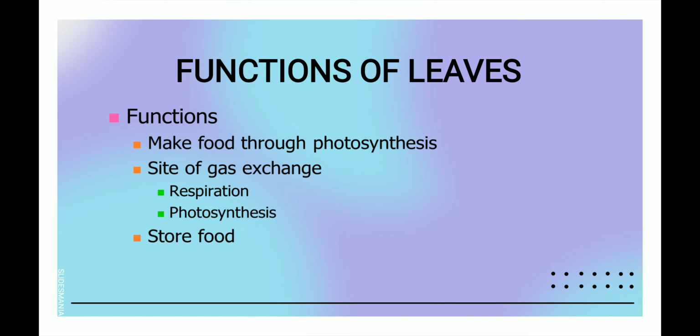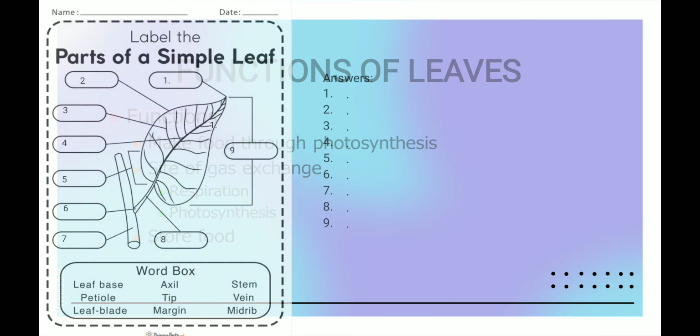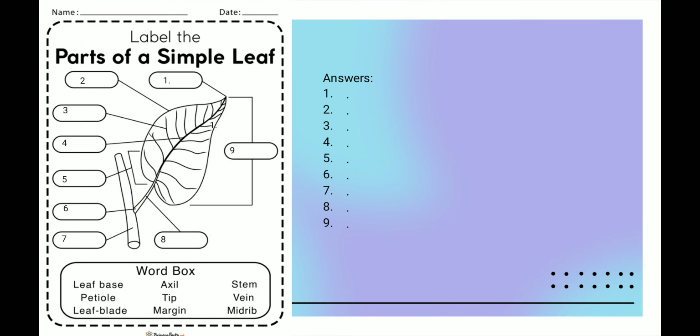So the functions of leaves are to make food through photosynthesis, to be the site of gas exchange, and lastly, to store food. So they form at the beginning of the growing season once the leaves have fallen off the branches.